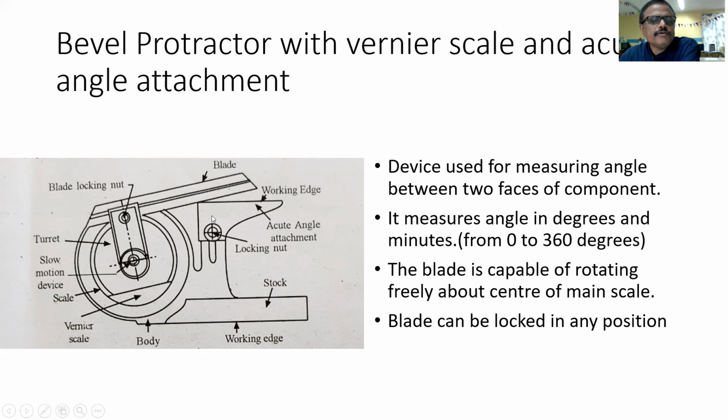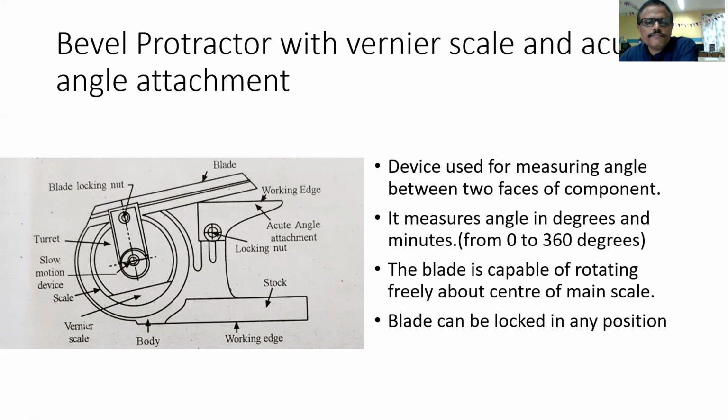There is an acute angle attachment and also a vernier scale here. This is one type of bevel protractor. It is used for measuring the angles between two faces of the component, and it measures the angle from 0 to 360 degrees.